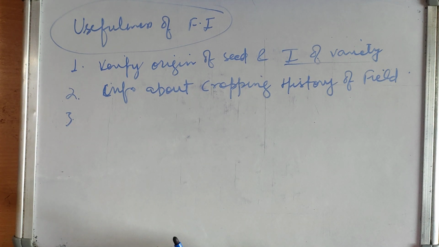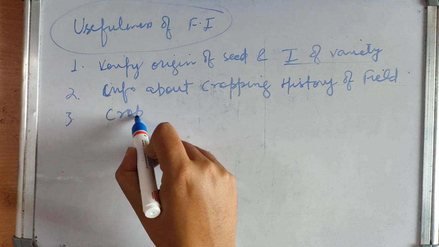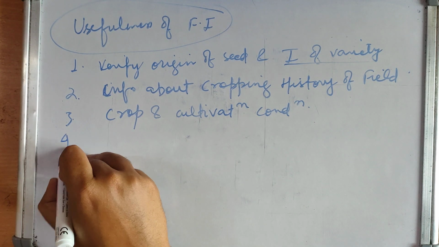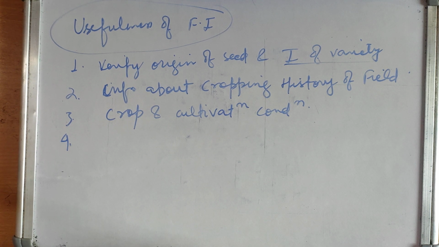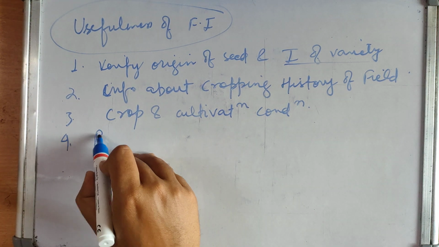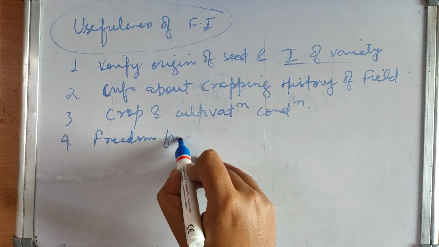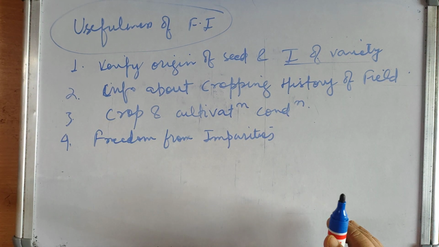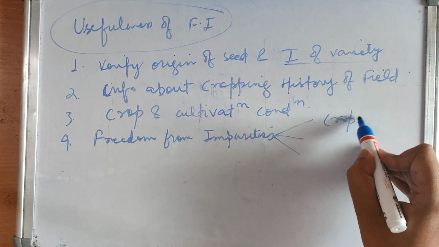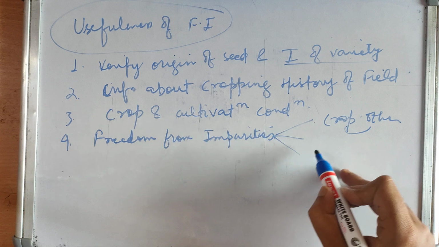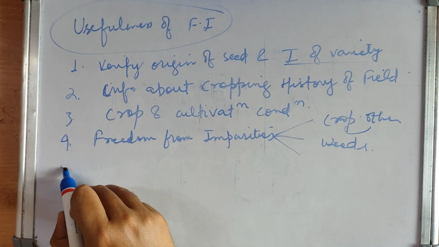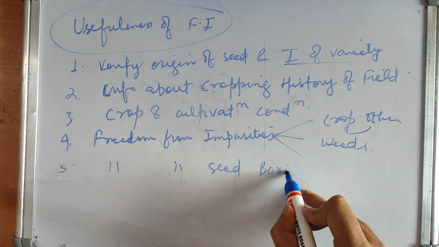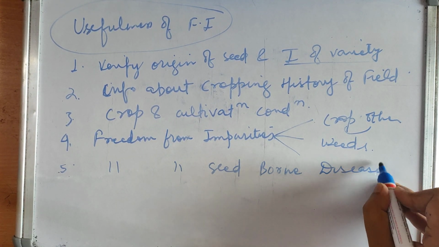Third, it helps check crop and cultivation conditions. Fourth, it ensures freedom from impurities, namely other crop plants and weeds, since impurities can come from other crops, from weeds, etc. Fifth, it ensures freedom from seed-borne diseases.